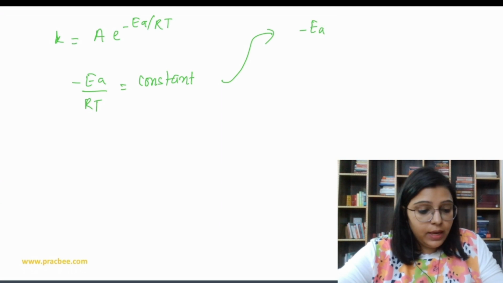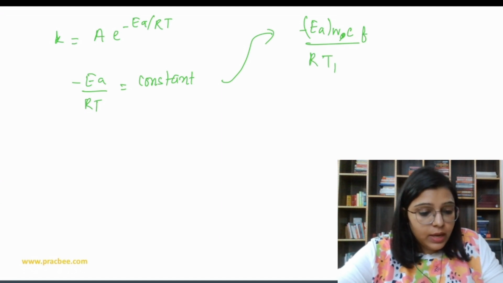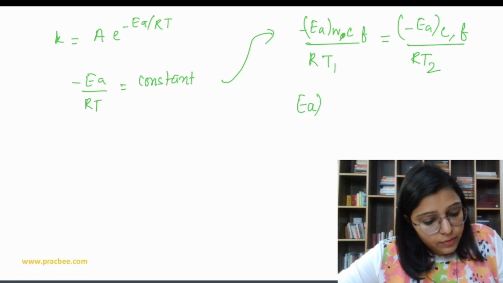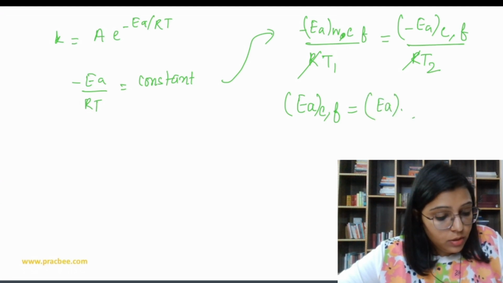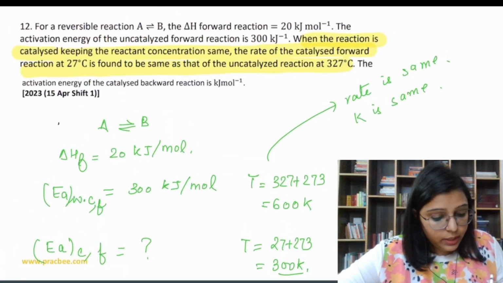So this is minus EA without catalyst, forward reaction, upon RT1, and here minus EA in presence of catalyst, forward reaction, upon RT2. So we have to find out the activation energy of catalyzed forward reaction. So R cancels, which is EA, activation energy without catalyst forward reaction, into T2 upon T1. Okay? So T2 is 300, T1 is 600.